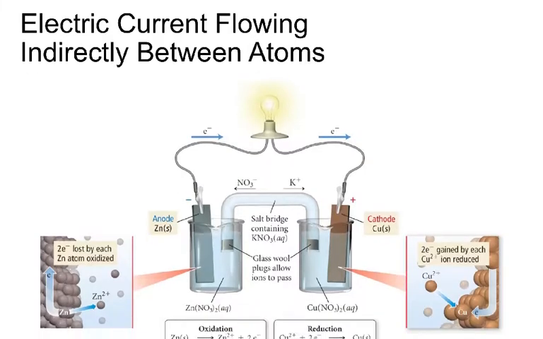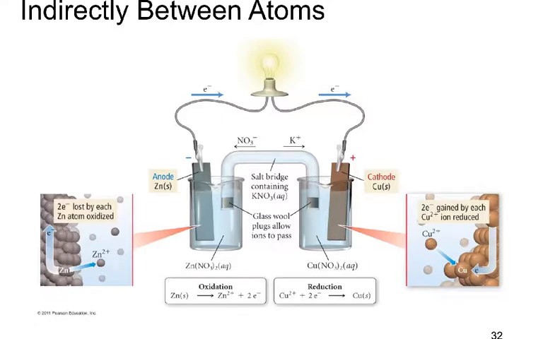Or we can set up a voltaic cell here and have the electrons transfer indirectly between atoms. So here we put a zinc anode and zinc nitrate in solution, and our electrons will flow from the solid zinc through the wire and be transferred to the cathode, where the copper will gain the electron and deposit onto the cathode.